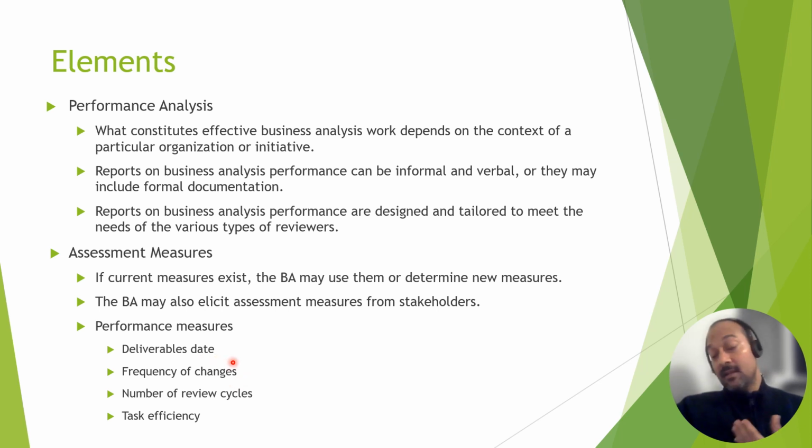Deliverable dates: if you are delaying any delivery, this means your performance is not good. And task efficiency: if you are not using optimized ways to deliver the result, that again impacts the performance.